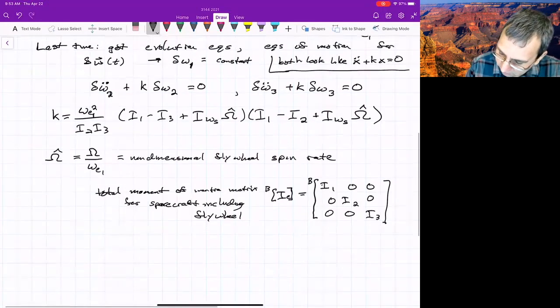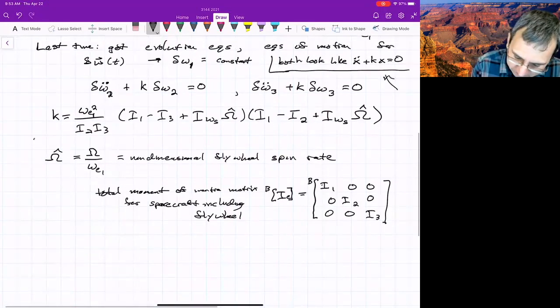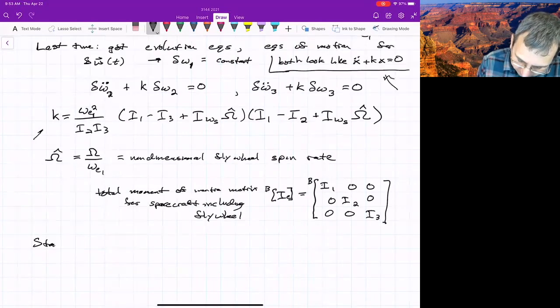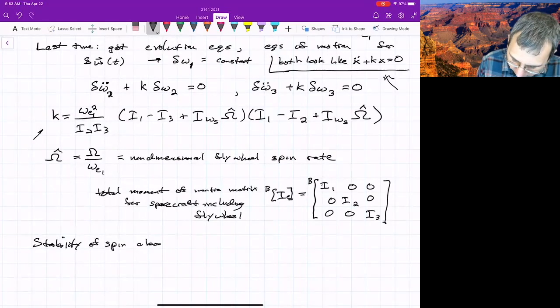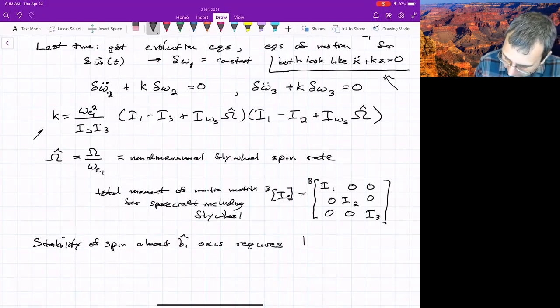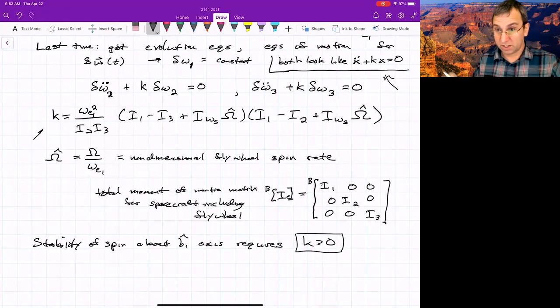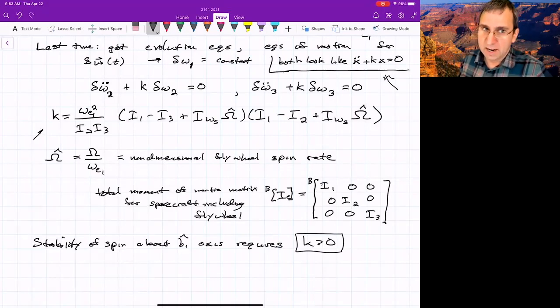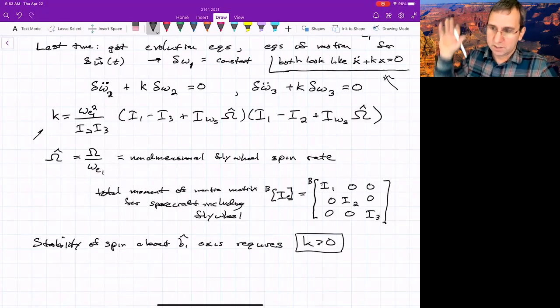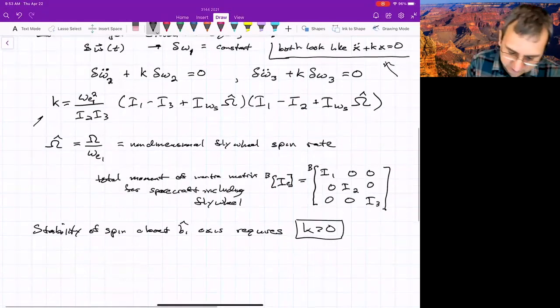Just based on this equation up here and this definition of K, stability of spin about the B1 axis requires K is positive. And in some sense, it's more stable the more positive K is. You don't want K to be negative, then it's unstable. So this is our K.